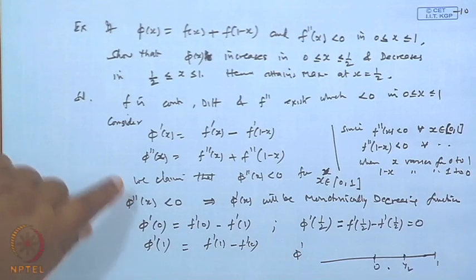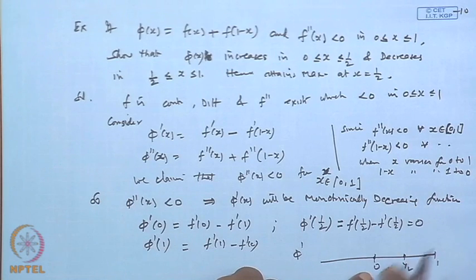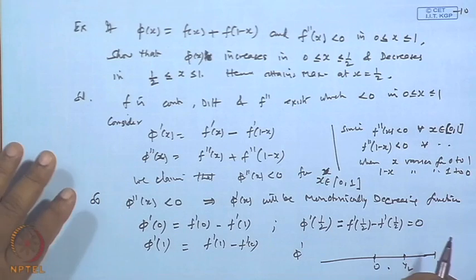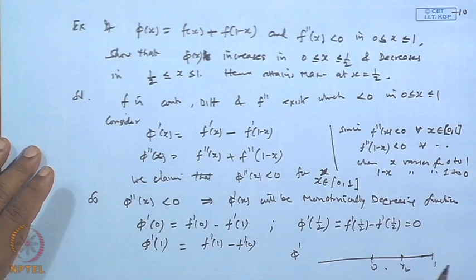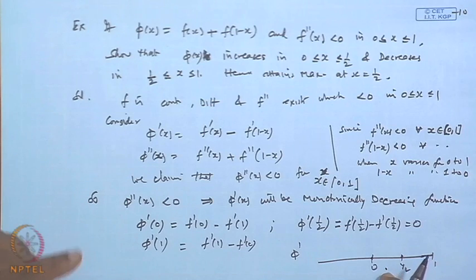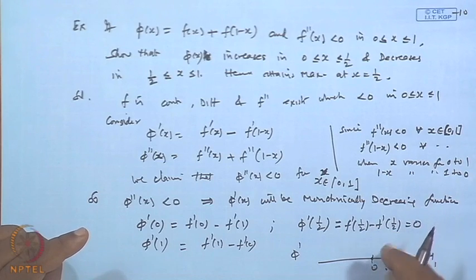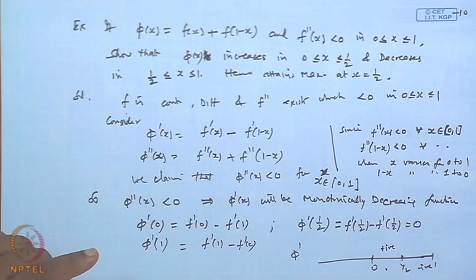But phi dash is a decreasing function, which means it cannot go from negative to positive. So, since it is monotonically decreasing, in between 0 to 1 phi dash must be positive here and negative there, so that it decreases, crosses the x axis and goes down.